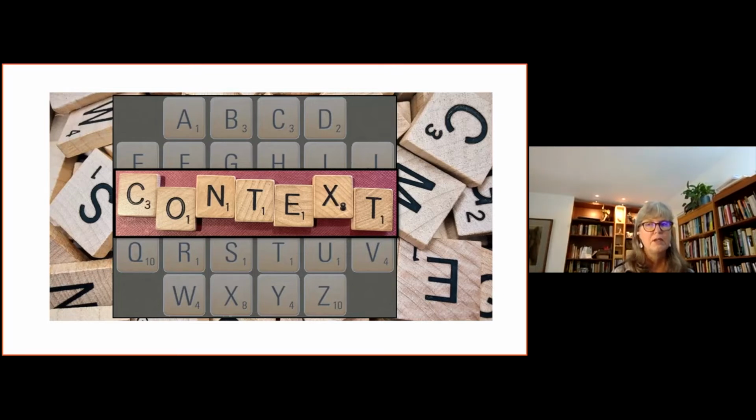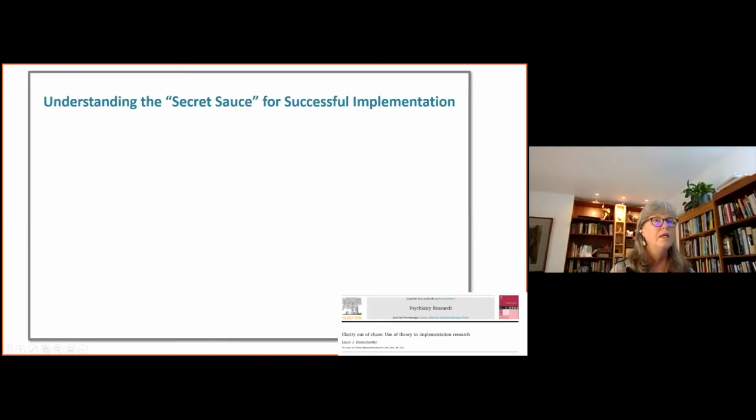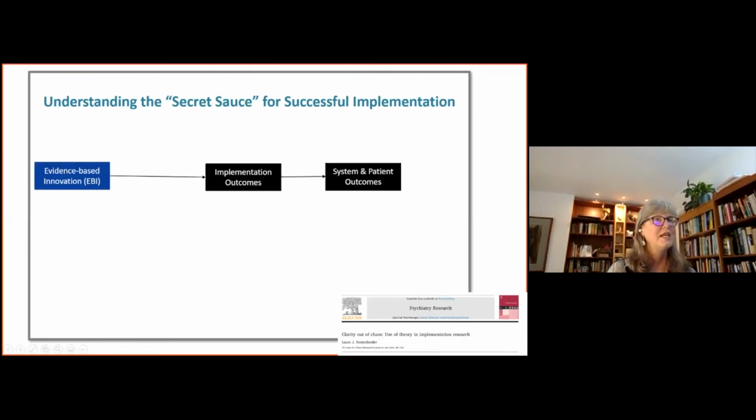So frameworks help us to identify, articulate, and understand contextual factors that can influence success or failure of a planned implementation. So our working meta hypothesis within implementation science, or what one practitioner called the secret sauce for a successful implementation, is that we have an evidence-based innovation that we want to implement. There is sufficient evidence supporting its effectiveness through clinical trials usually.